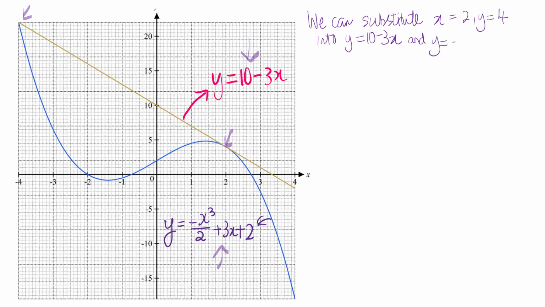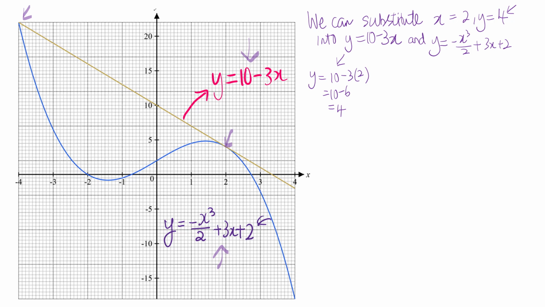And let's see if it satisfies both functions. So for the straight line, when I substitute x to be 2, I have 10 minus 6 equals 4, which is the value for the y coordinate.